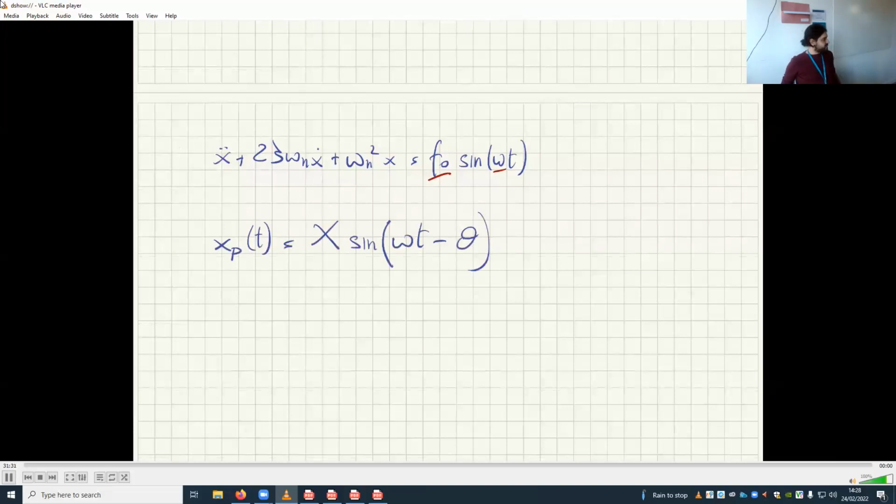Capital X is the amplitude of the final oscillation, and theta is the phase of the response with respect to the force. So if the displacement is going in the same direction as the force, following the force, they will be in phase, theta 0. If I am pushing against the swing that's coming back, that would be theta 180 degrees.